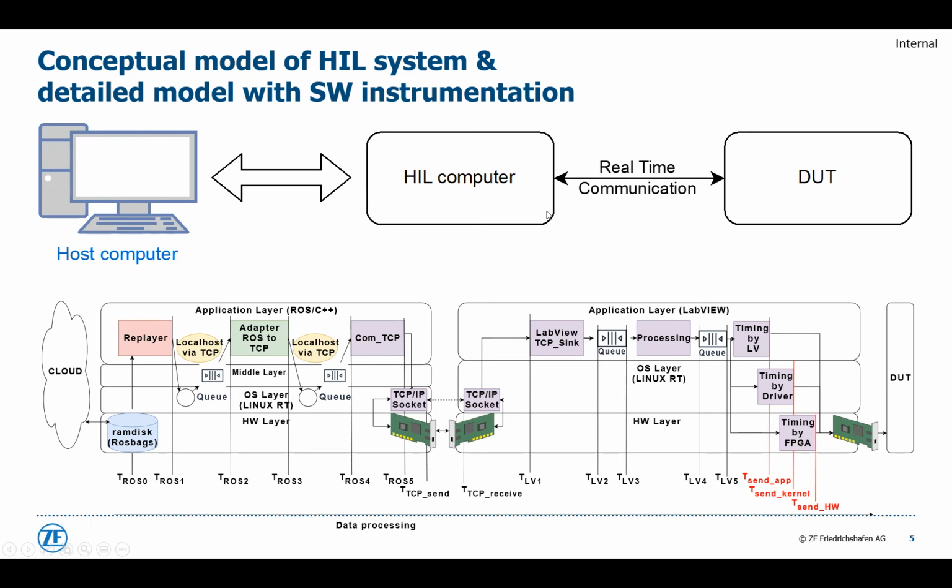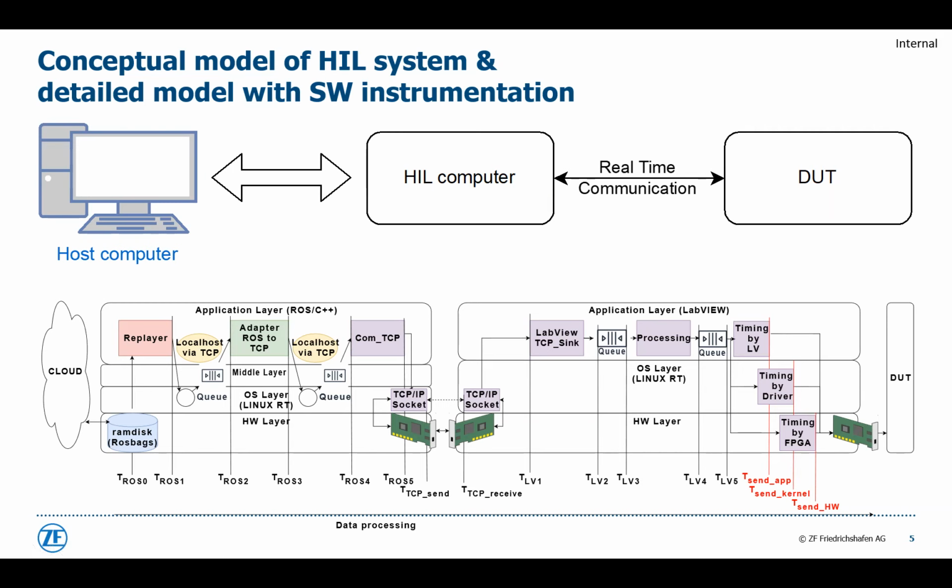Then the HIL computer is connected with real-time communication interfaces to the device under test, but the real-time communication interface and the device under test are not in the scope of this study. We assume that they work in real time. We look deeper into the HIL computer itself, and therefore I propose this detailed model here.